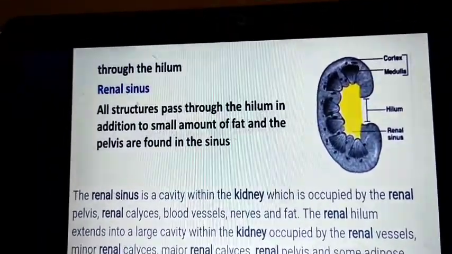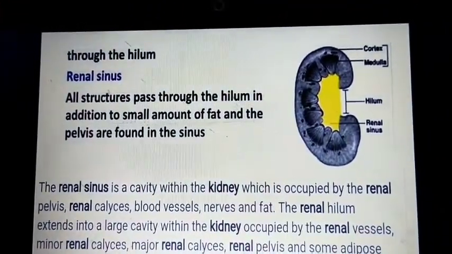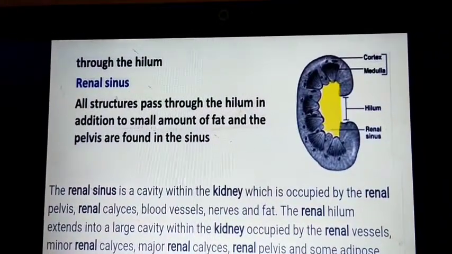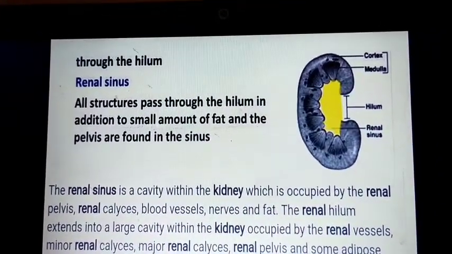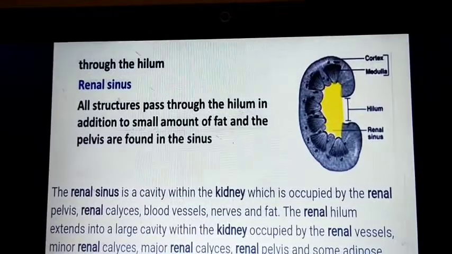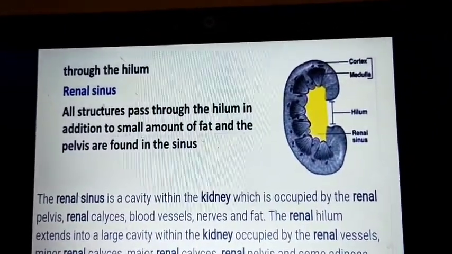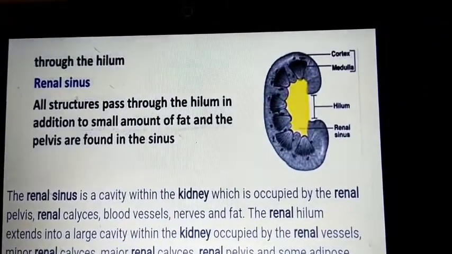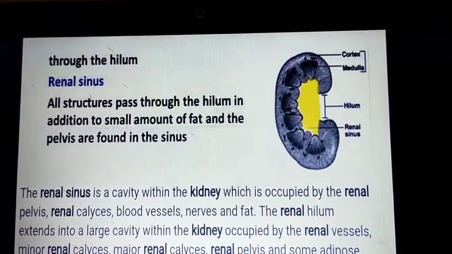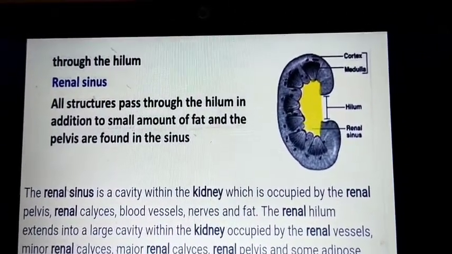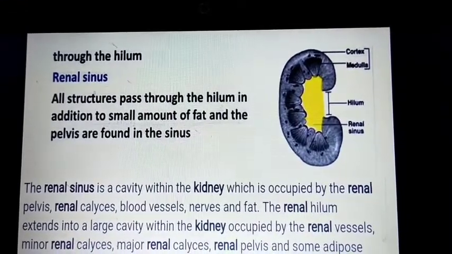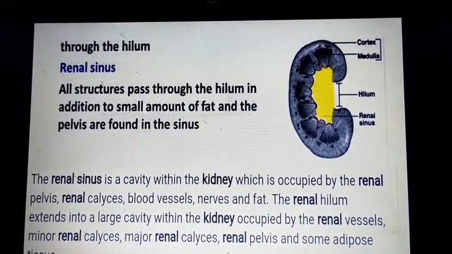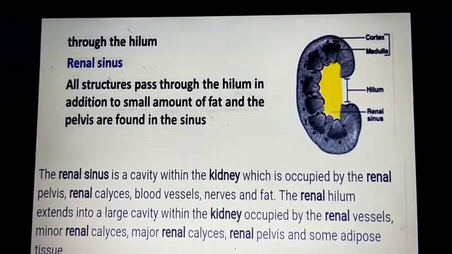Now we can go for the renal sinus. Renal sinus means it is a concave cavity or hollow structure present in the kidney, and it is filled with fat. You can see the renal sinus in this picture. All the structures pass through the hilum, and in addition to a small amount of fat, the pelvis is found in the sinus.